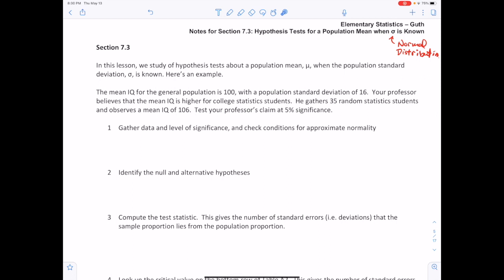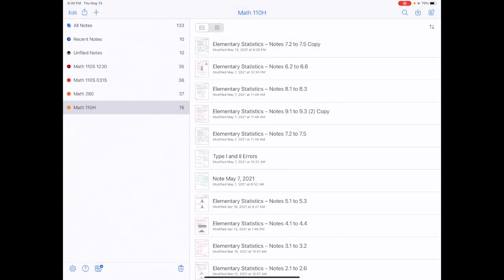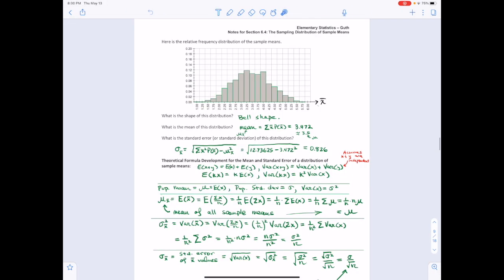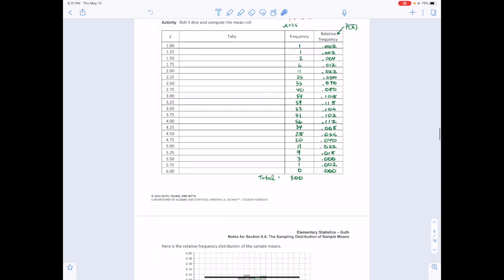Back in chapter 6, we learned the conditions for which taking z-scores of sample means will result in a normal distribution. So I'm going to jump back to section 6.4, where we discuss the sampling distribution of sample means. And maybe you remember the activity.